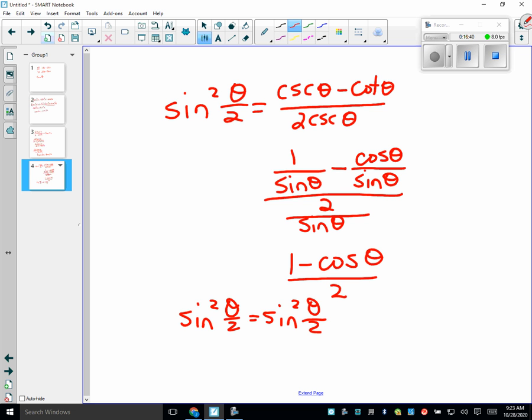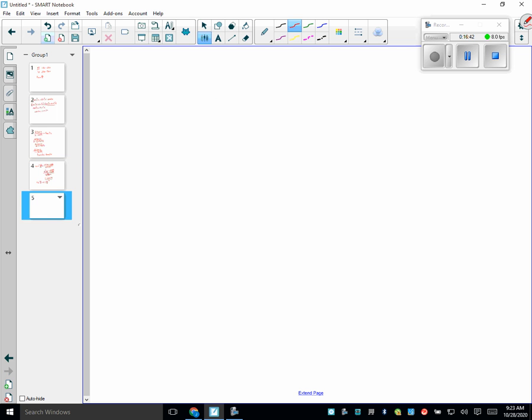One more? Sure. Tan x over 2 plus cotangent x over 2 equals 2 cosecant x.